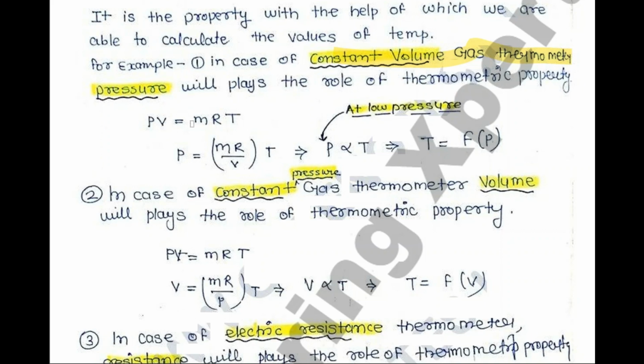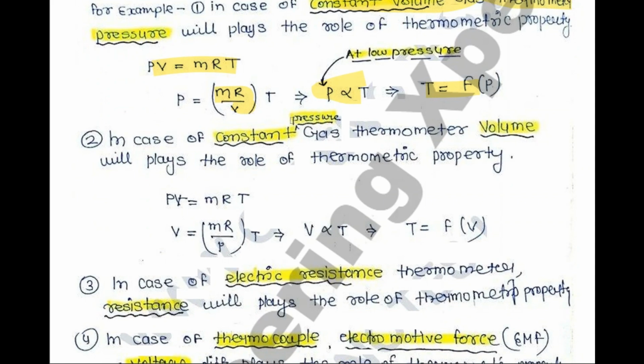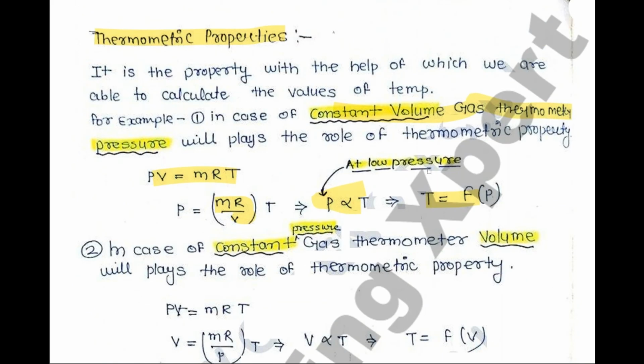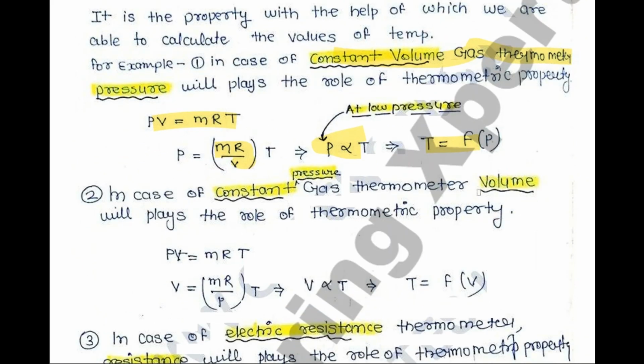Here you can see P = mRT, the ideal gas relation. Volume is constant, so this term is constant. So P is directly proportional to T, or T is a function of P. If we know the pressure, then we can find the temperature. Therefore, pressure is the thermometric property.